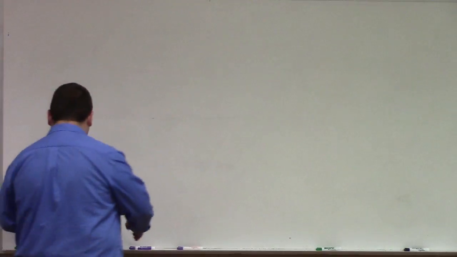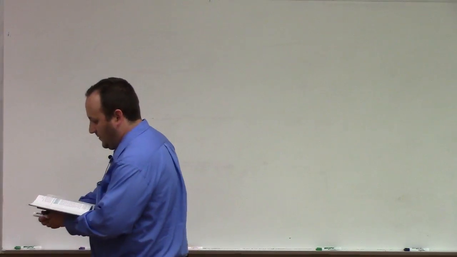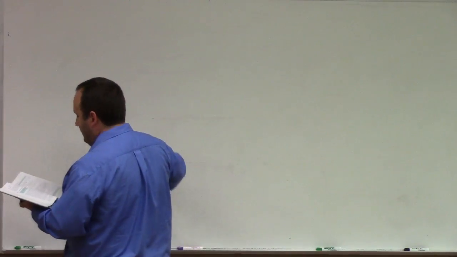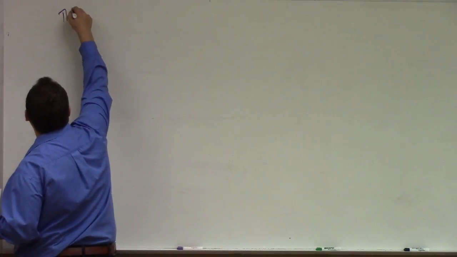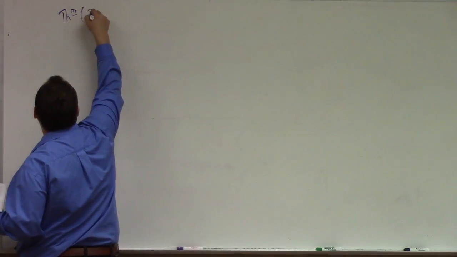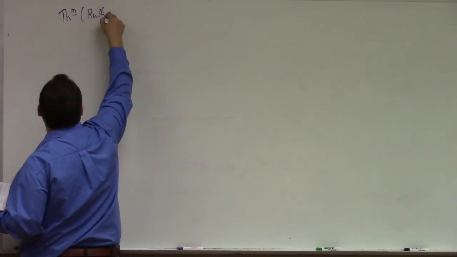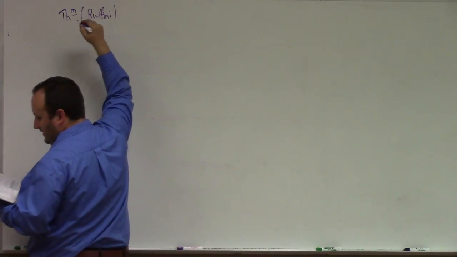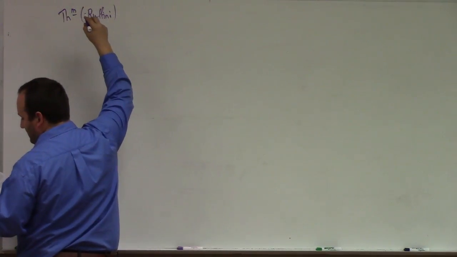I will lead off here before you ask me any questions with a theorem I'm going to go over next class. But let me just state it and show you how it works for a second. Ruffini. It's pretty awesome, this theorem.